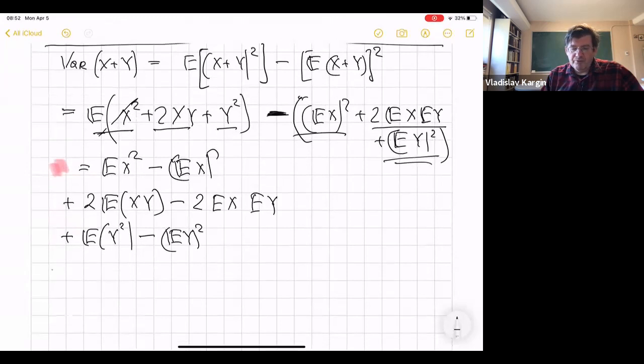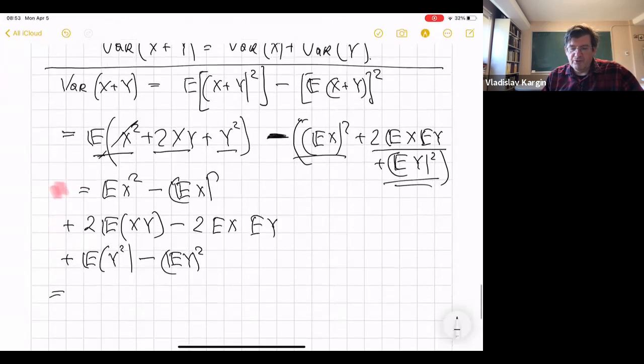And from this we read that the first term here is the variance of x. The last term here is the variance of y.